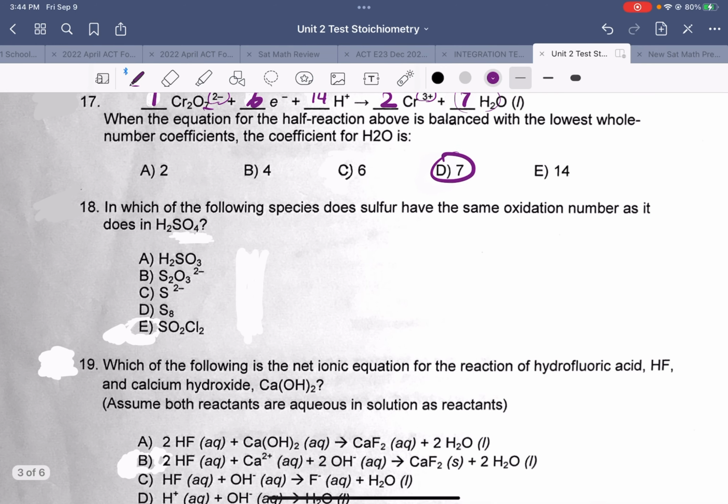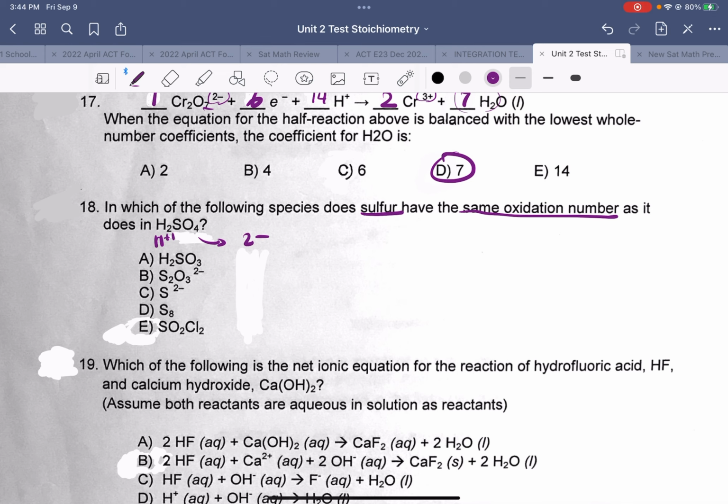Number 18. In which of the following species does sulfur have the same oxidation number as it does in H2SO4? Okay, same oxidation number the sulfur has. So H is H1 plus, right? So then this one is a 2 minus.